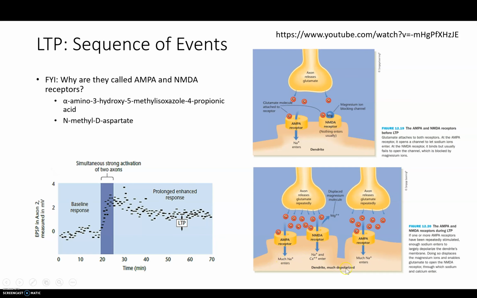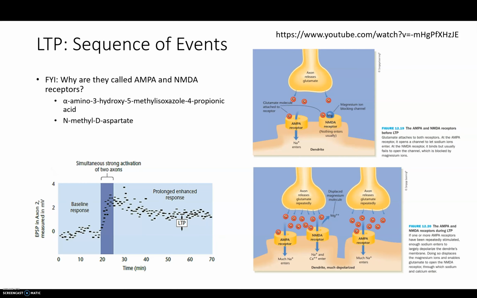Now, if this postsynaptic neuron becomes depolarized, this magnesium ion is going to sense that, and it's going to be ejected out because the positive charge in here has increased to the point that this positively charged ion is going to be repelled. The NMDA receptor then gets activated, now that the magnesium block is gone, and it's going to allow sodium to enter, and also, this is key, calcium.